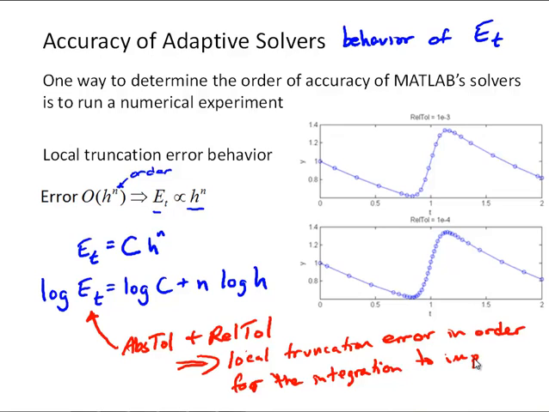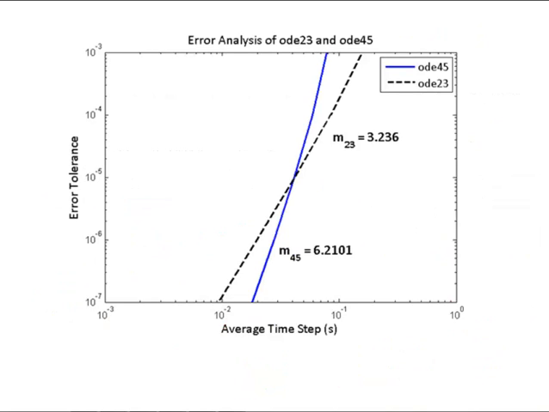So they actually give us a measure of the local truncation error, and what we can do is plot the log of ET versus the log of h, and n will be the slope of that plot. So let's look at what that looks like for two of these solvers.